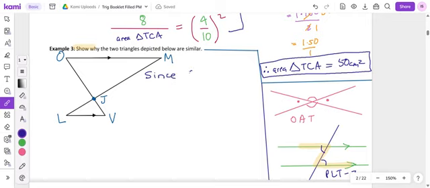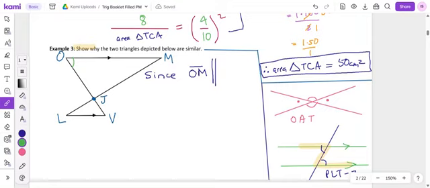Since line OM is parallel to line, how do I write? Do I write LV or VL? Actually, before I do that, which angle is identical to angle O?